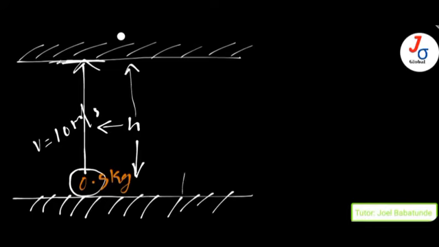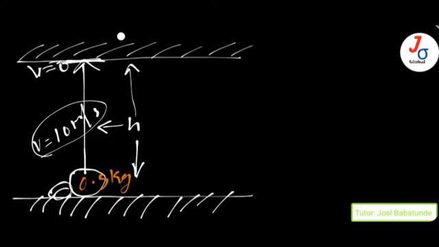By the time it gets to the top, it has reduced the speed to 0, then it drops down back again. So at the maximum height, the speed is 0. But at the minimum, just before it hits the ground, the speed is 10 meters per second.